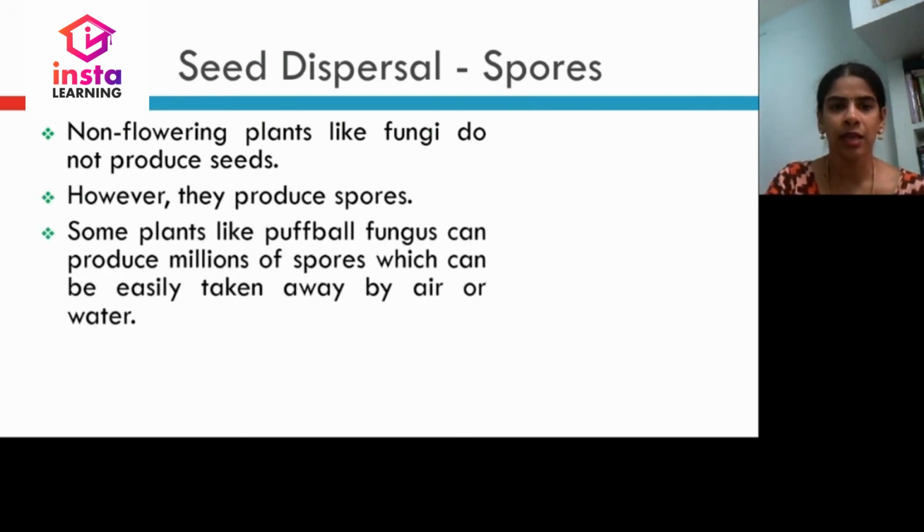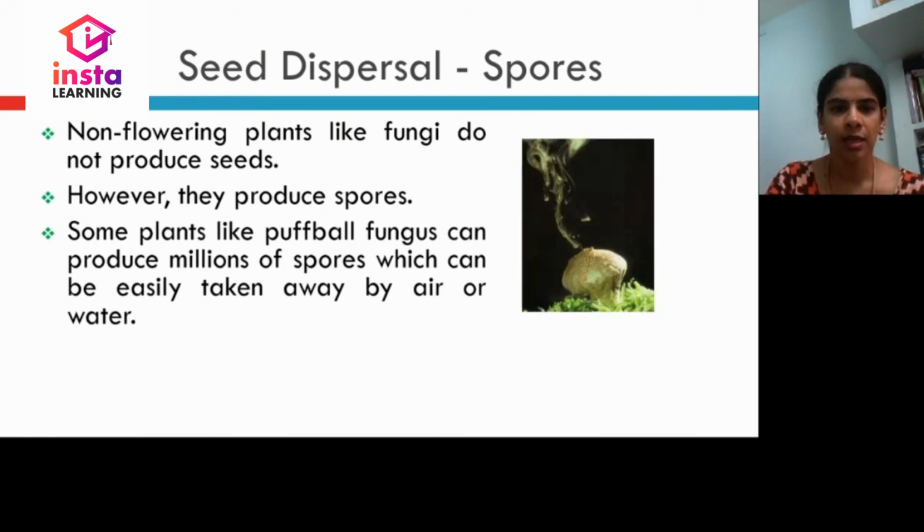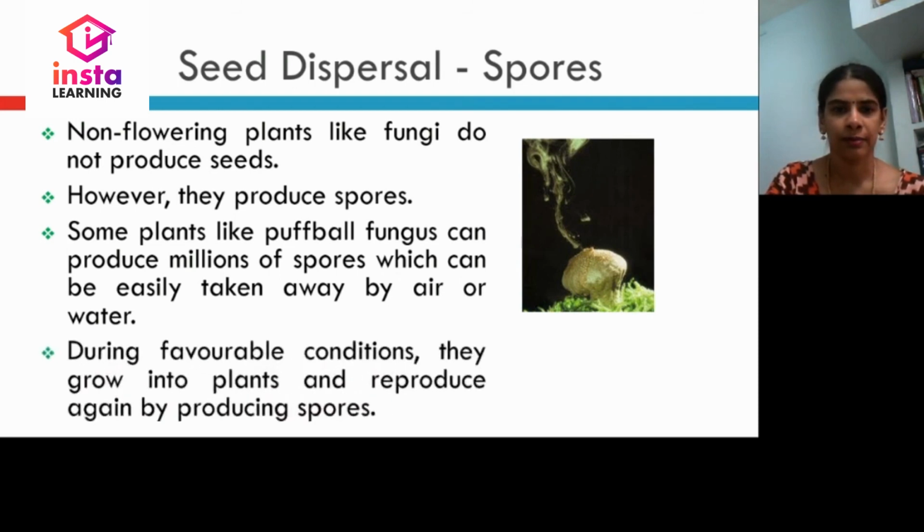Some plants like puffball fungus can produce millions of spores which can be easily taken away by wind or water. During favorable conditions, they grow into plants and reproduce again by producing spores.